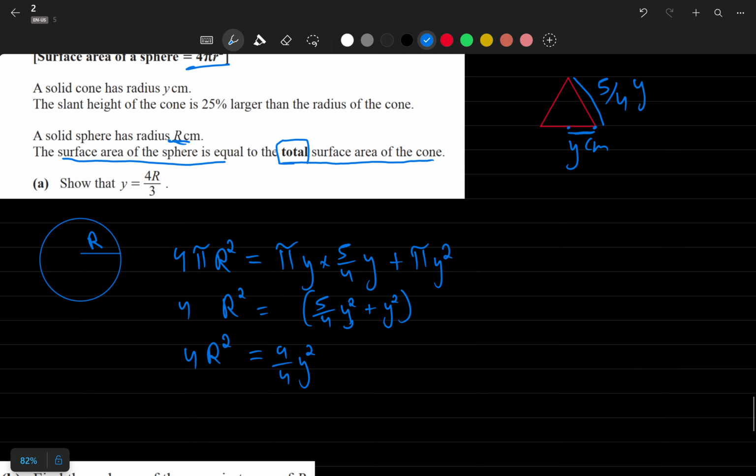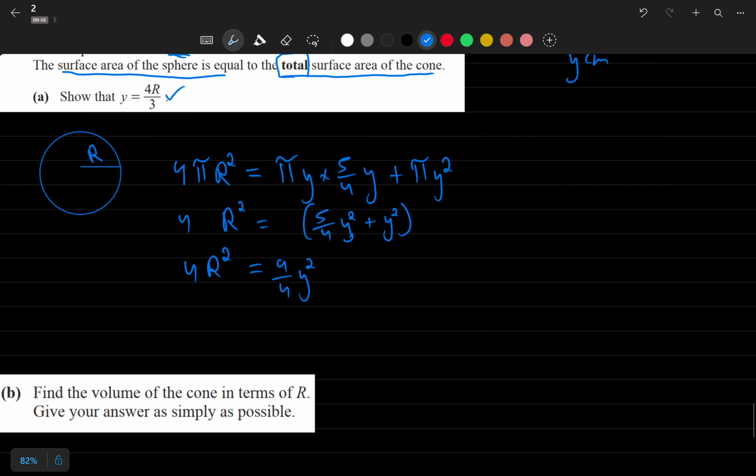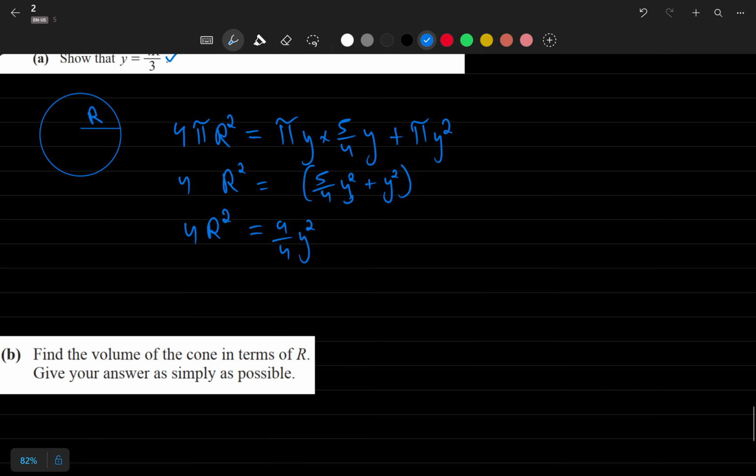Now you have to show that y is equal to 4r divided by 3. For that, just move this 9 by 4 here. You can see that 9 by 4 is being multiplied by y square.